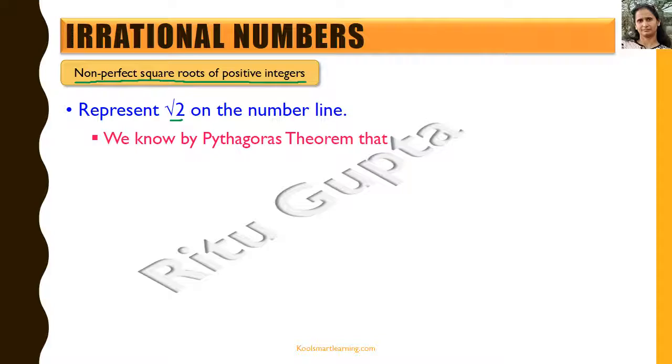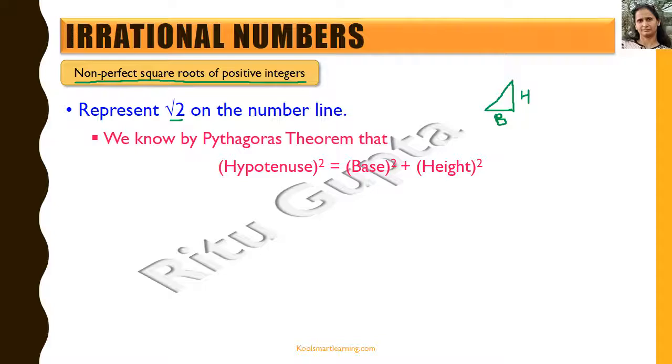By Pythagoras theorem, we know that the hypotenuse square is equal to the base square plus height square in case of a right angled triangle. If we take this triangle, this is the base and this is the height.